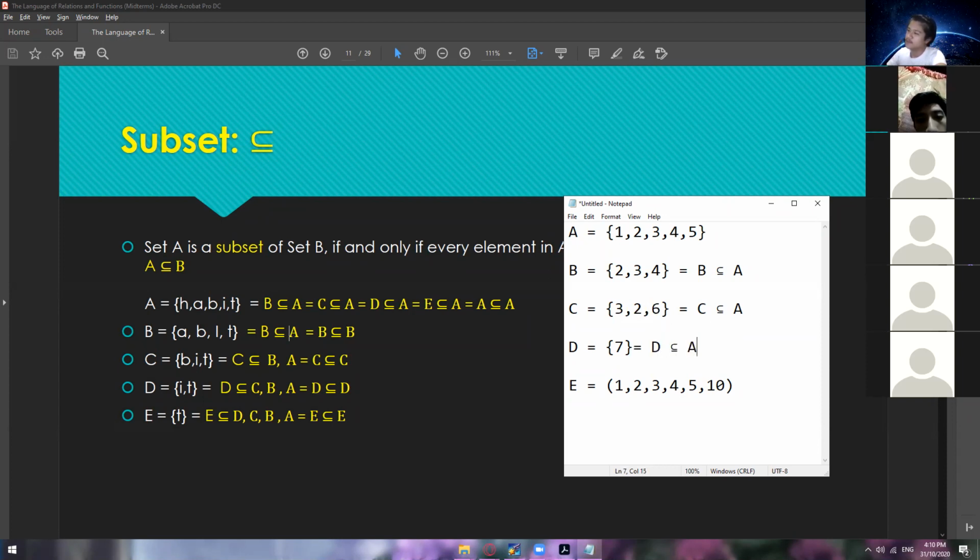Is D a subset of A? No, because we cannot find this element in the set. How about the last one? Is E a subset of set A? No. We found 1, 2, 3, 4, 5, but we cannot find the 10.